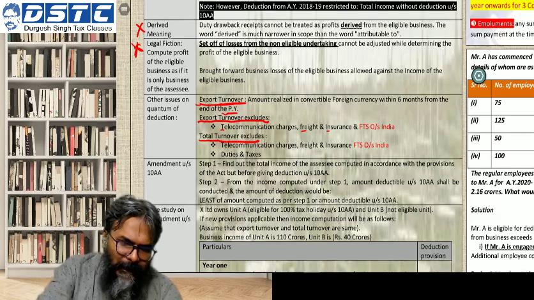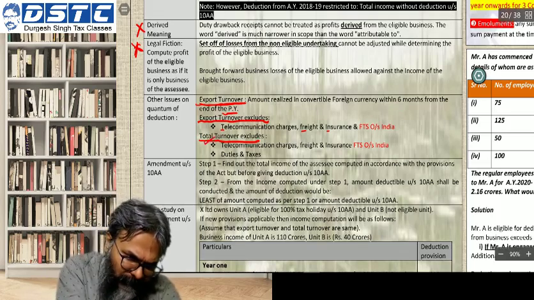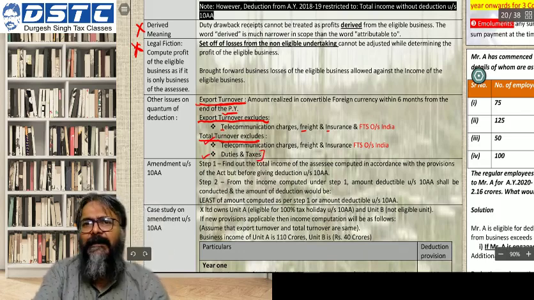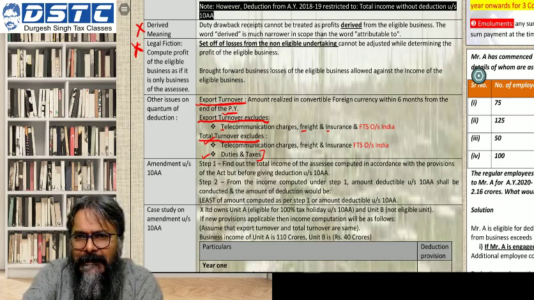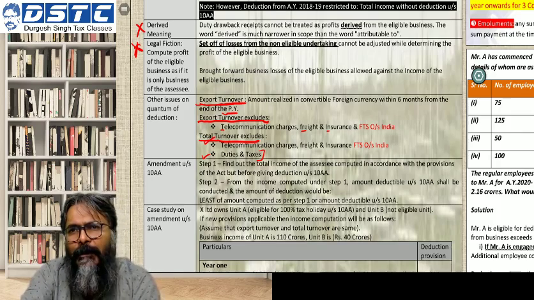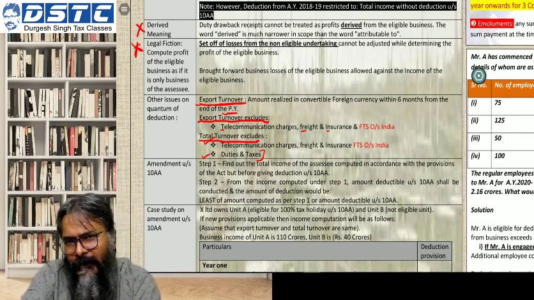Also, if you see the total turnover, the first exclusion is the same, and the second one is that they further exclude duties and taxes. That is the exclusion that they all do in this regard.